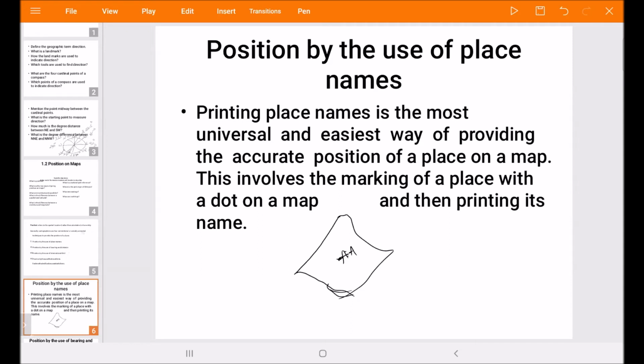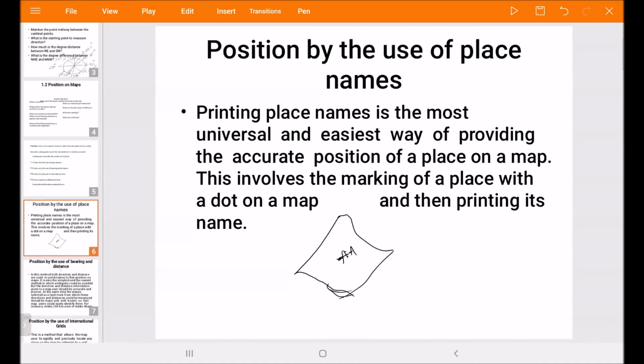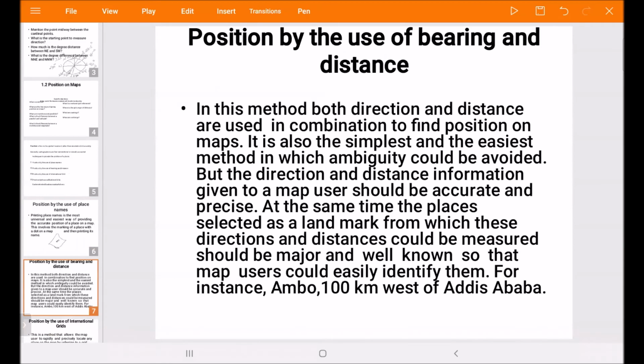The other method is position by the use of bearing and distance. That means we can locate the position of a place by using both direction and distance.